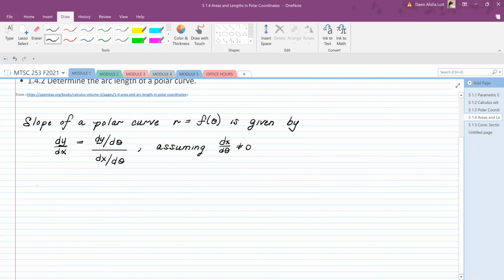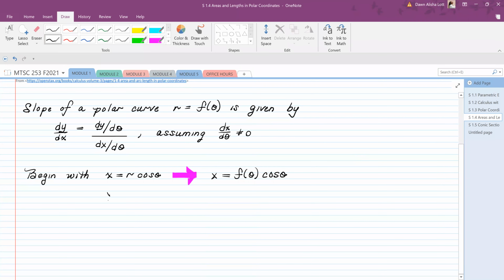So let's begin with x is equal to r cosine theta. So that then implies that x is equal to f of theta times the cosine of theta, because r is f of theta.